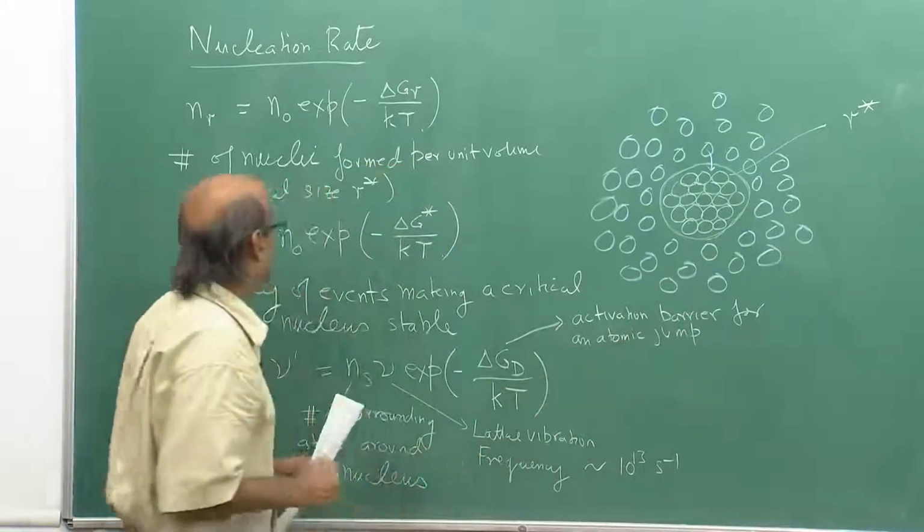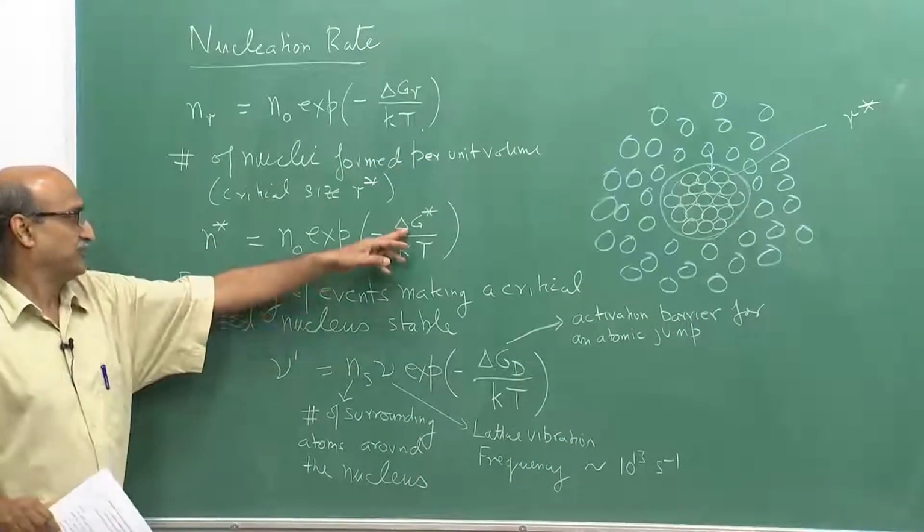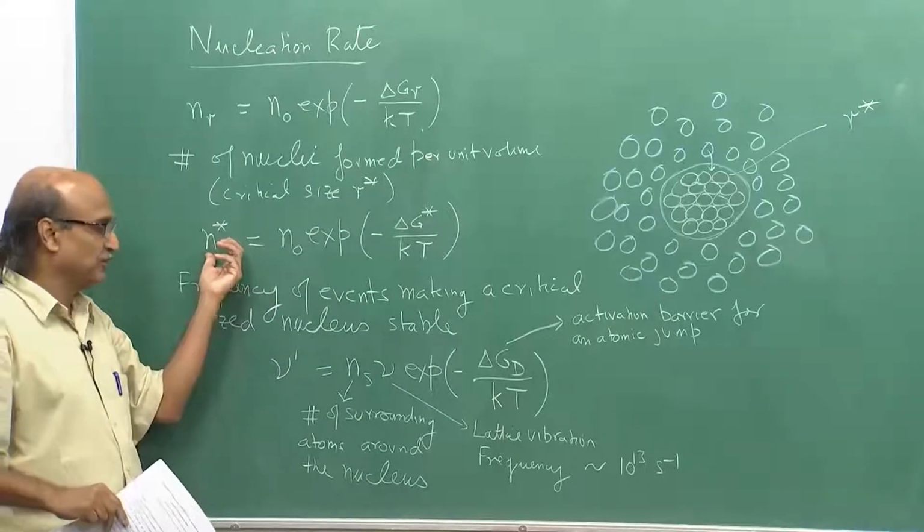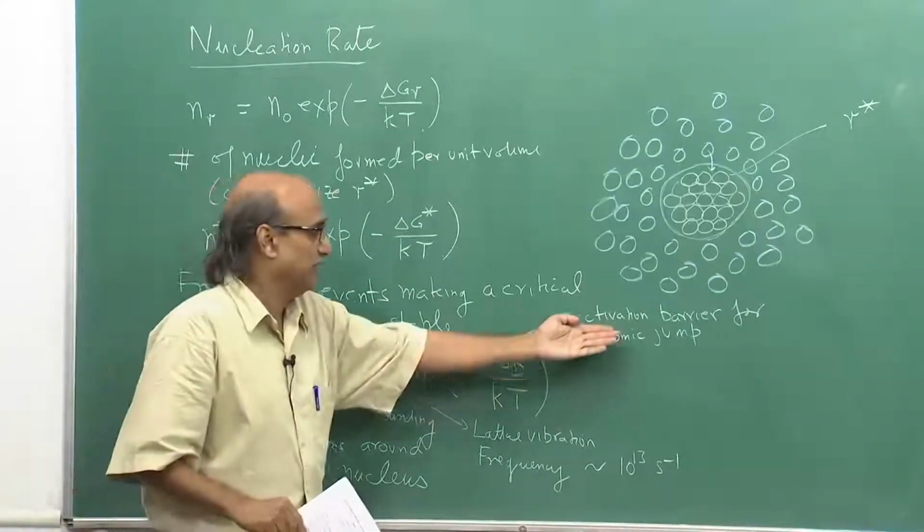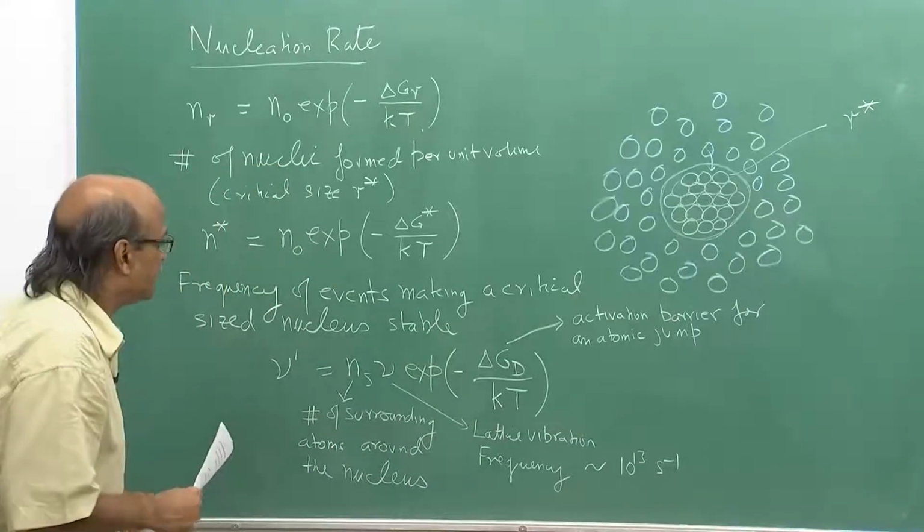This is like a similar barrier that we have, which is delta G star for formation of a stable nucleus. This is another barrier that is present.